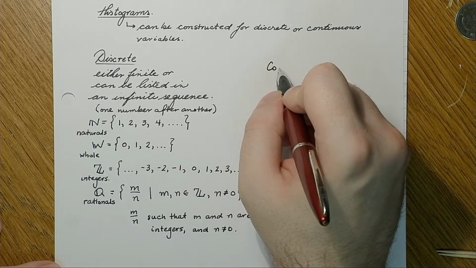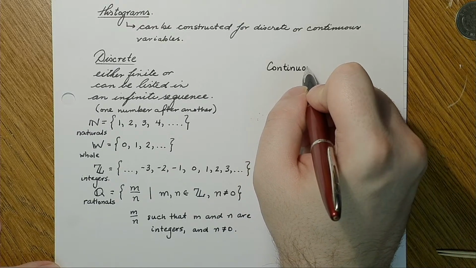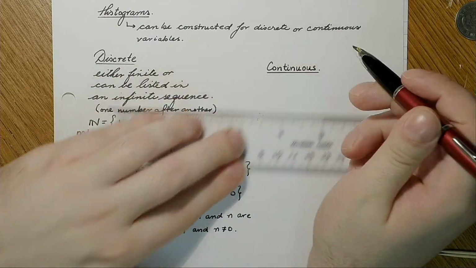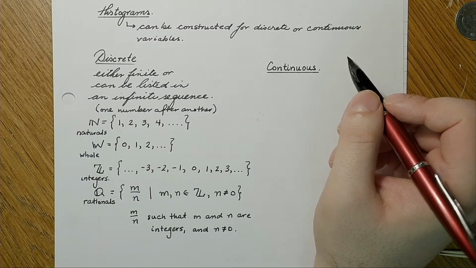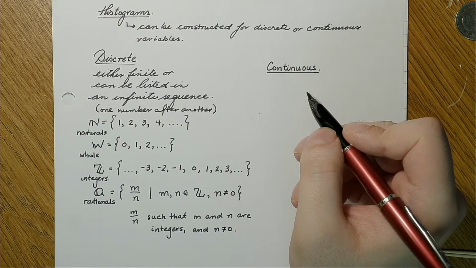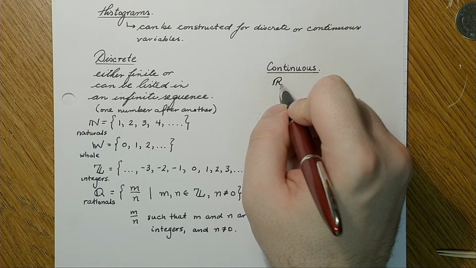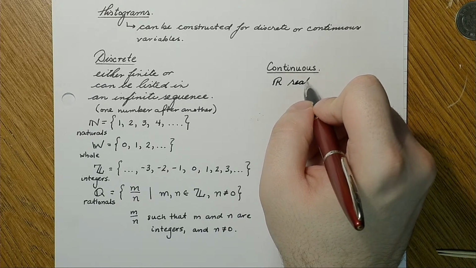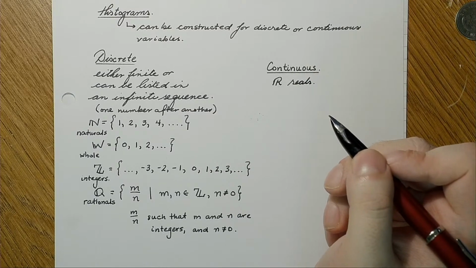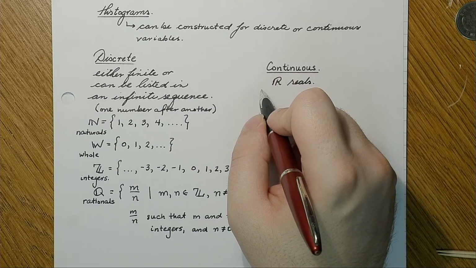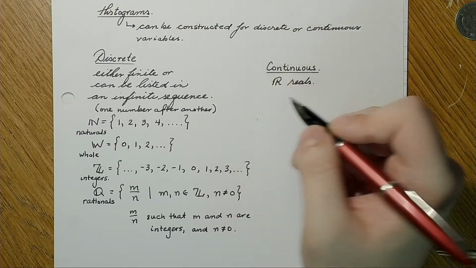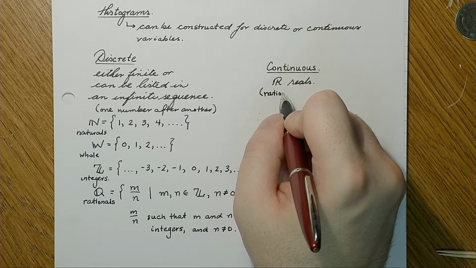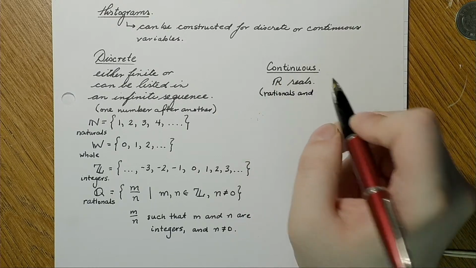And over on the right-hand side here, we'll use continuous. So continuous, we have the reals. And the reals are made up of everything. So it includes all the discrete numbers here, but it's the rationals and the irrationals.